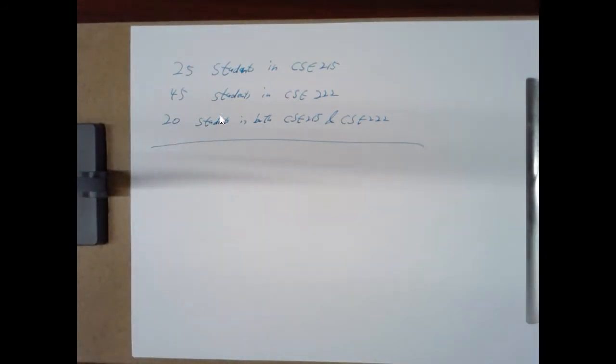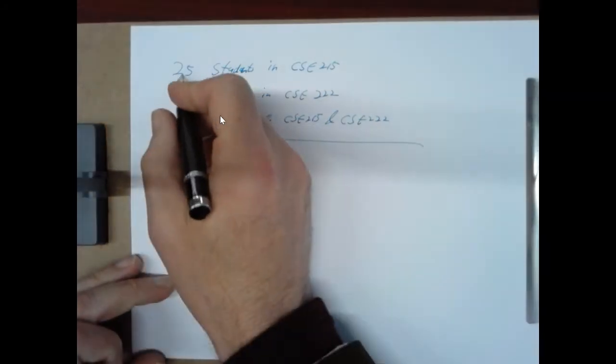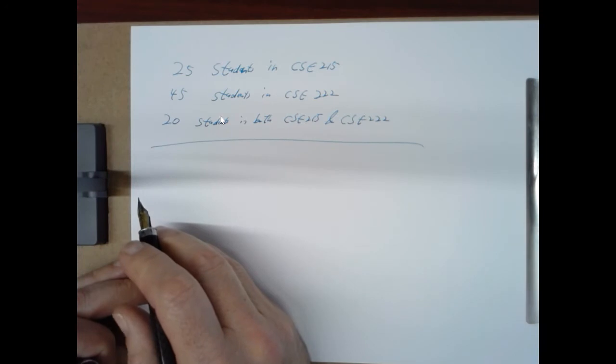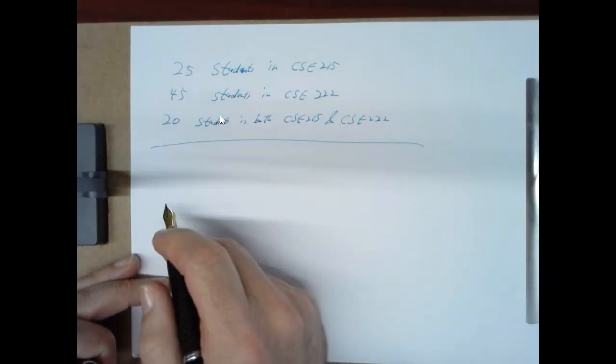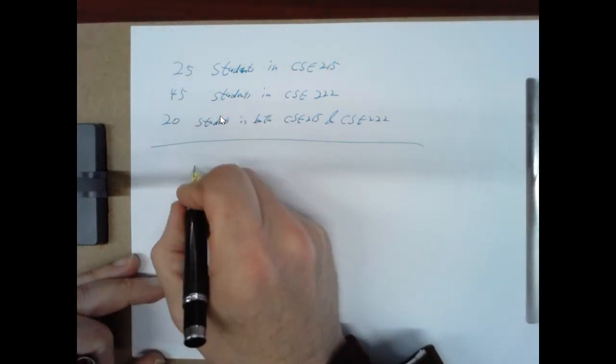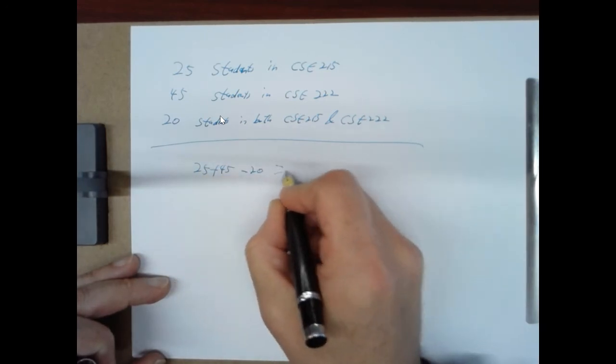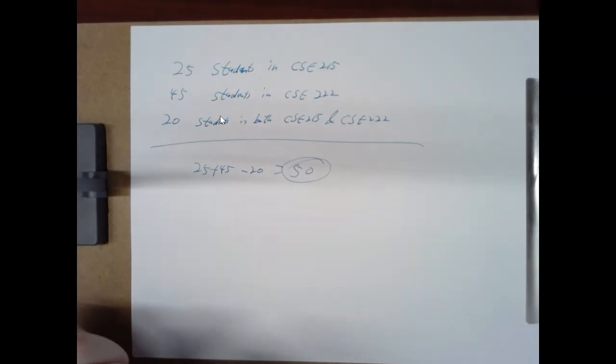So now we have enough information to know how many students are in the CS program this quarter at Clark, assuming they're all taking 215 or 222. So we've got 25 plus 45 is 70 students, but 20 students are actually taking both, right? So 25 plus 45 minus 20 means we got 50 students.